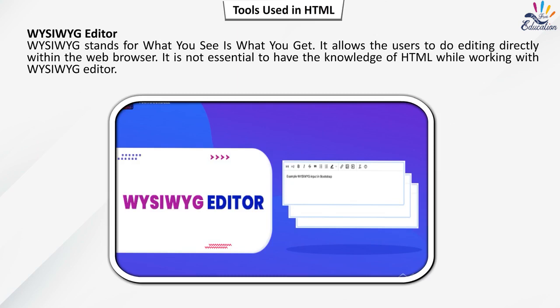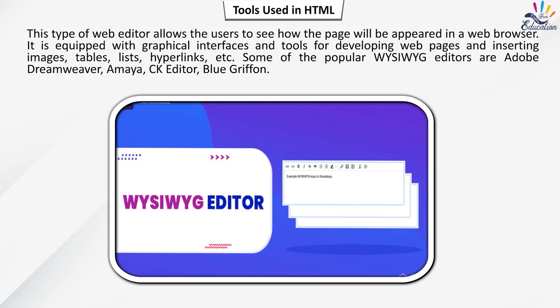WYSIWYG editor. WYSIWYG stands for What You See Is What You Get. It allows the users to do editing directly within the web browser. It is not essential to have the knowledge of HTML while working with a WYSIWYG editor. This type of web editor allows the users to see how the page will appear in a web browser.